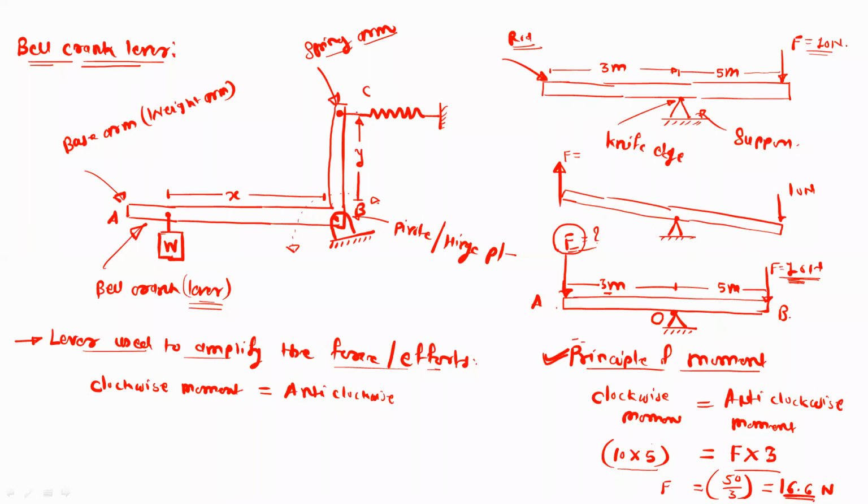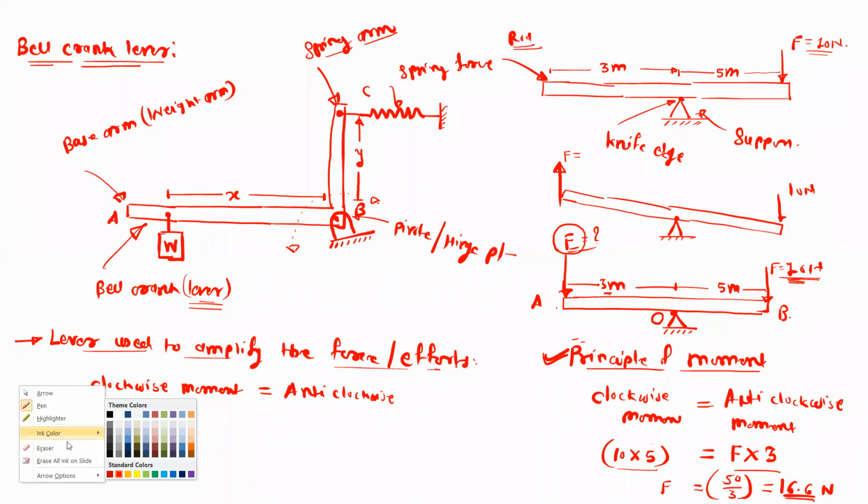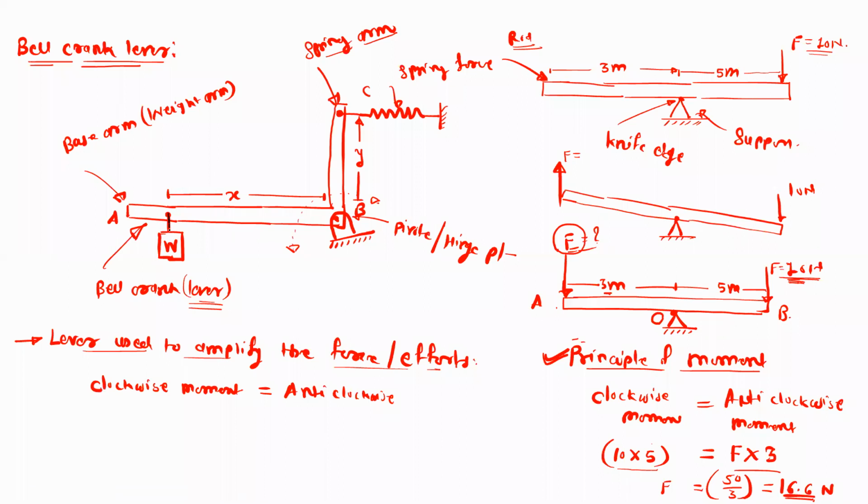So the clockwise moment is created by this spring force. When you apply the force, that is weight, on the arm AB, which is a horizontal arm, this is the line of action for the weight W. Because of this weight W, there will be an anti-clockwise moment created at point B.